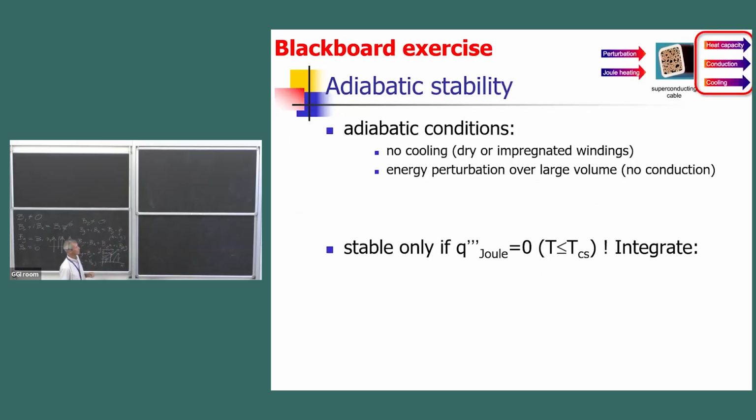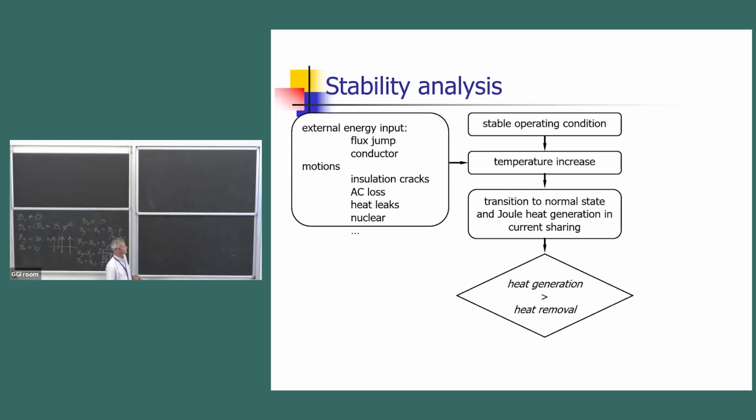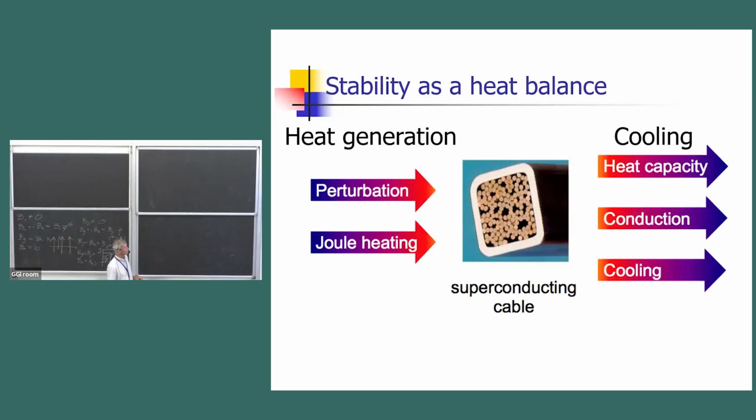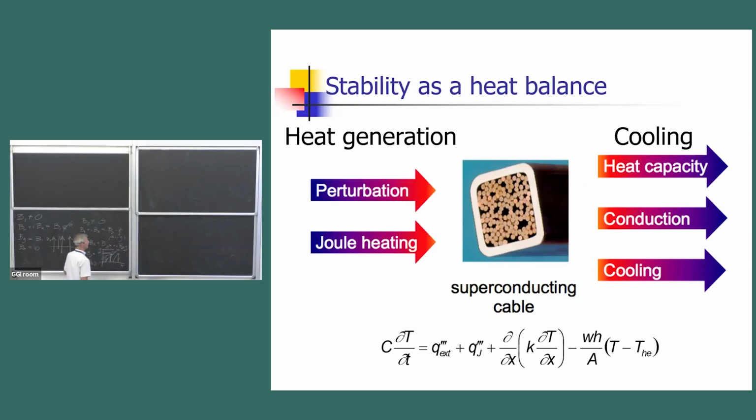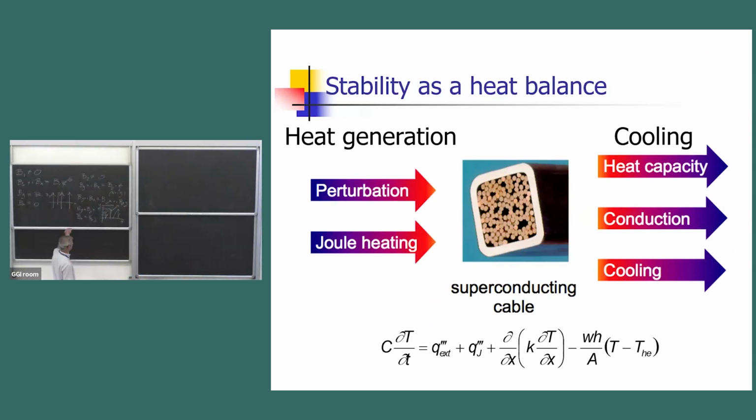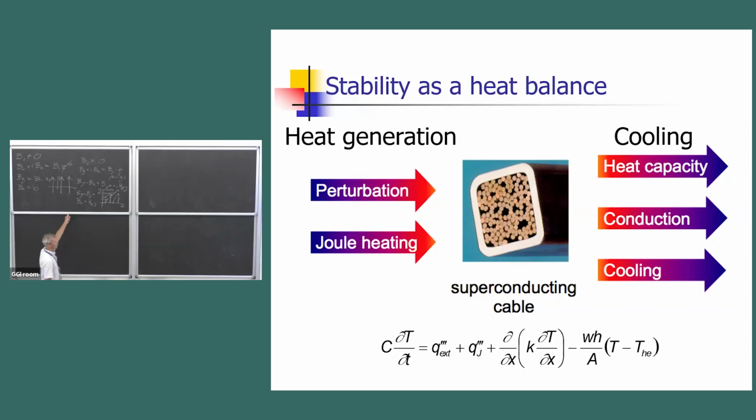All right, so blackboard exercise number 2. Now, you don't remember that equation, but I bring it up just to use the terms. Okay, so I want to see how I can estimate the stability margin of a superconductor.